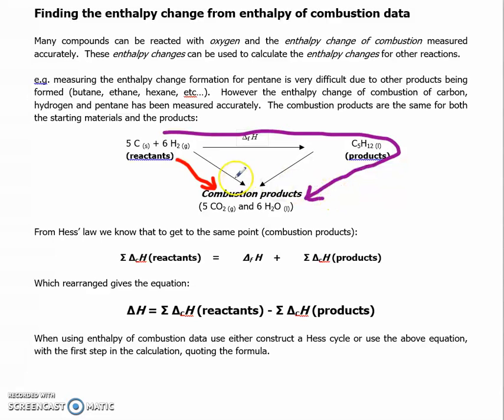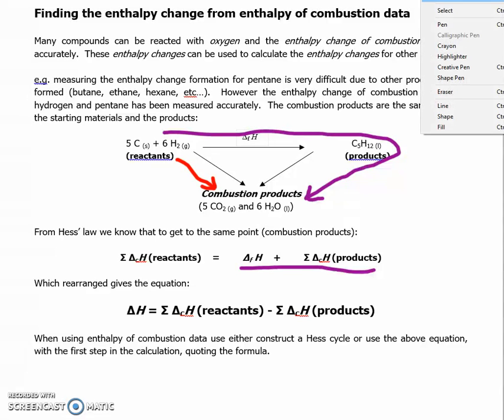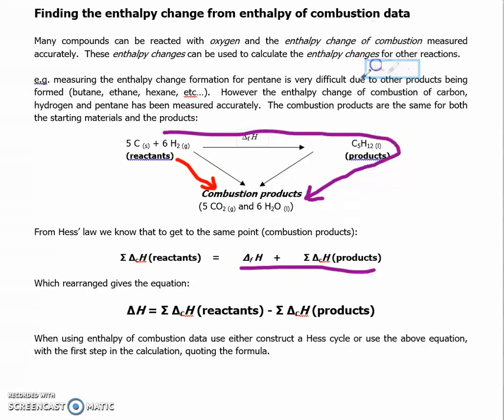Or in other words, the red arrow equals the purple arrow, and the purple arrow is made up of these two components. The red arrow is the enthalpy of combustion of the reactants.